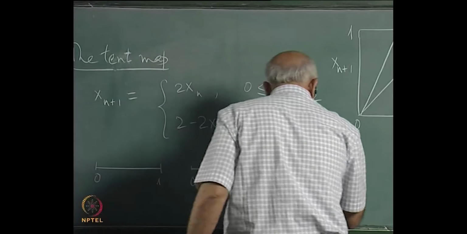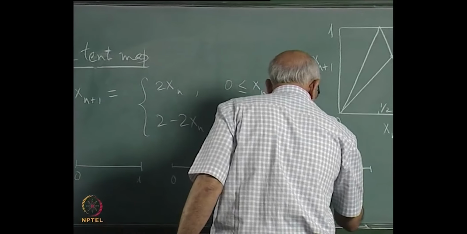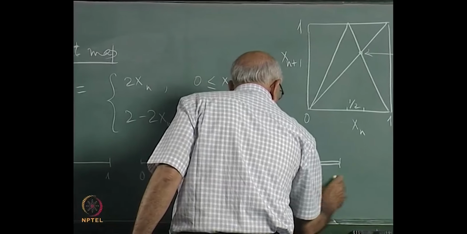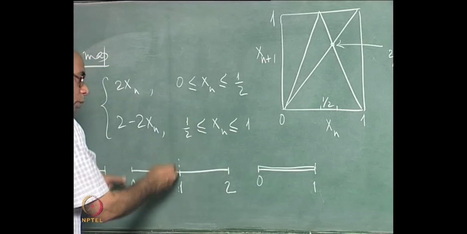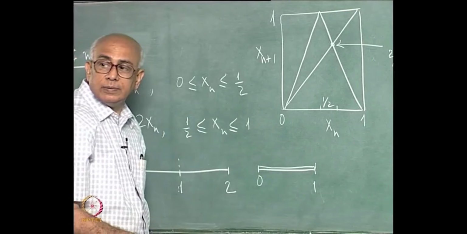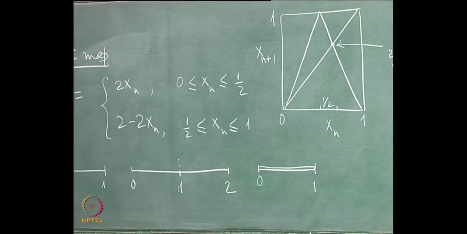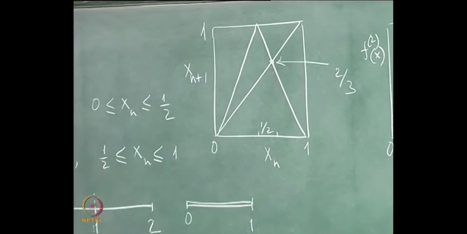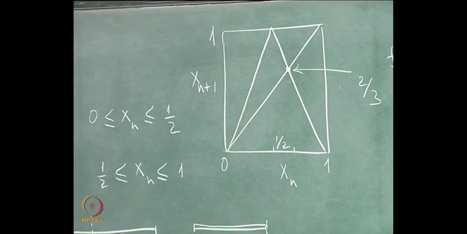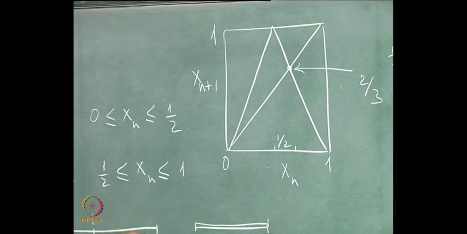So you ended up with something that looked like this, between 0 and 1. This part was snipped off here, cut and put back onto this in this fashion, and this is what led to the non-invertibility of the map, because you really have two pre-images for every point, and then four pre-images if you go two iterates backwards, and so on. This non-invertibility is what eventually led to the complicated properties of this map.